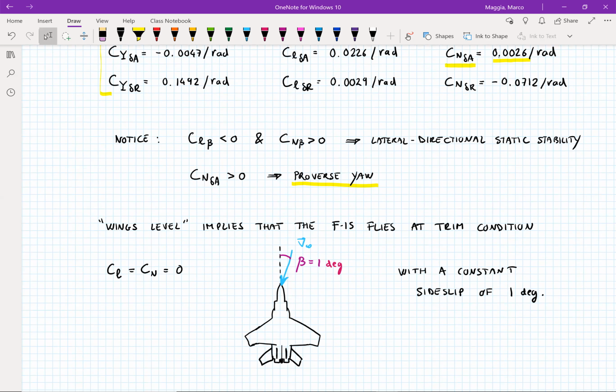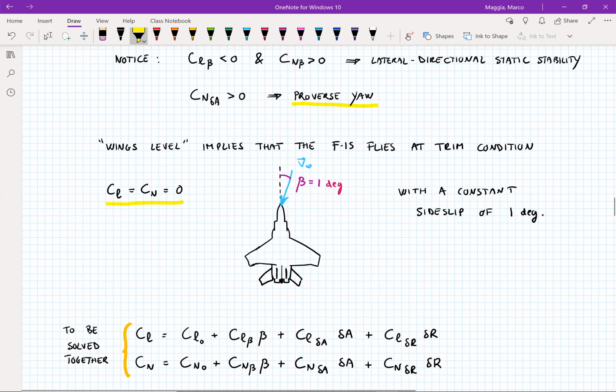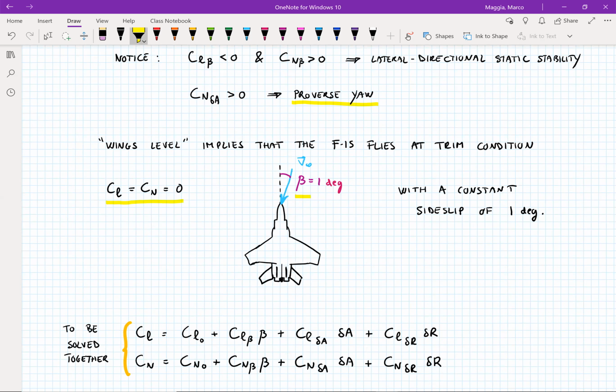All right, so as I said, we still want a sideslip trim condition. So we still want the overall external rolling moment and external yawing moment to be 0. So Cl and Cn have to be equal to 0, and we're imposing that beta is equal to 1. This is slightly different from a level cruise condition, in which there's no sideslip angle. Here we want to sort of fly sideways.